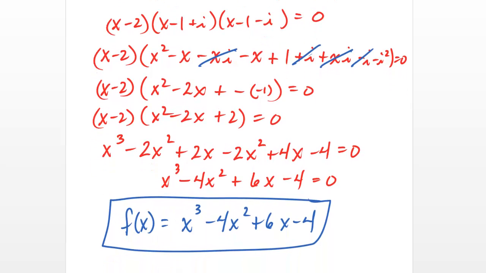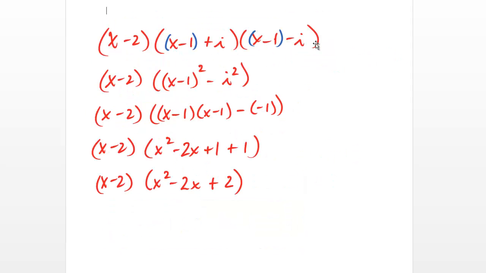Now, I want you to take a look at this. I'm going to show you a second method of this. So once we get to this part right here, I'm going to give you another option, and I want you to see this. If you'll notice, I put x minus 1 in parentheses, and then since I have an x minus 1 term, this is an a plus b term, and this is an a minus b term.